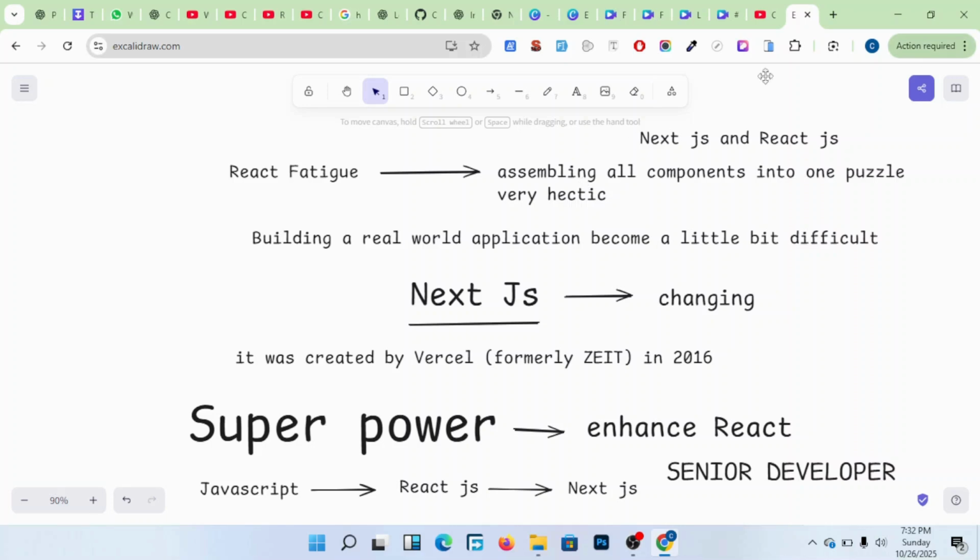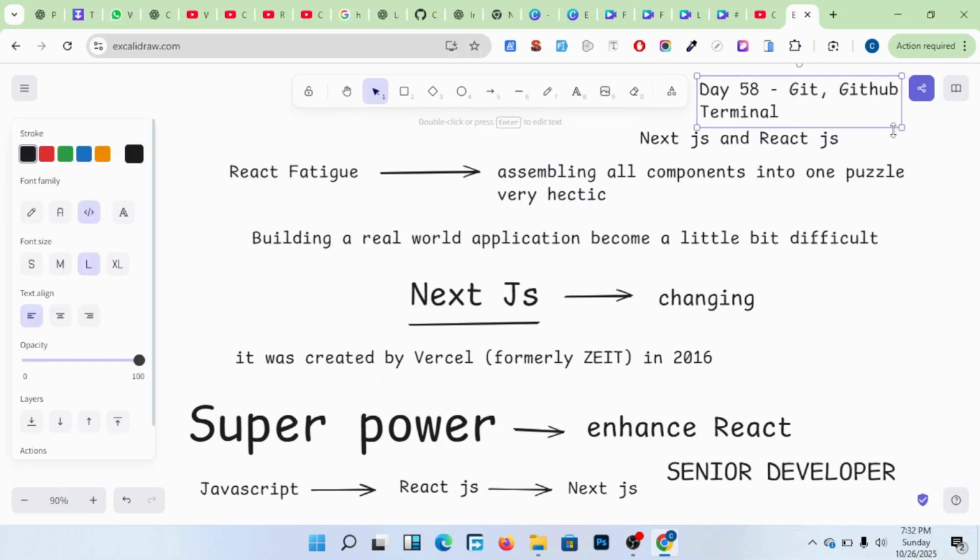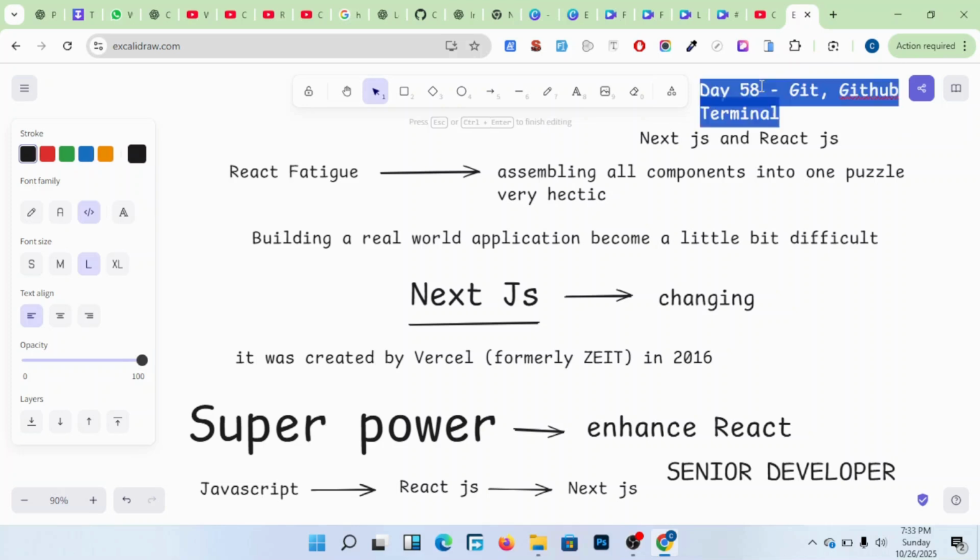Members, keep in mind that on day 60 we are starting React. Tomorrow is going to be day 59, not day 58.